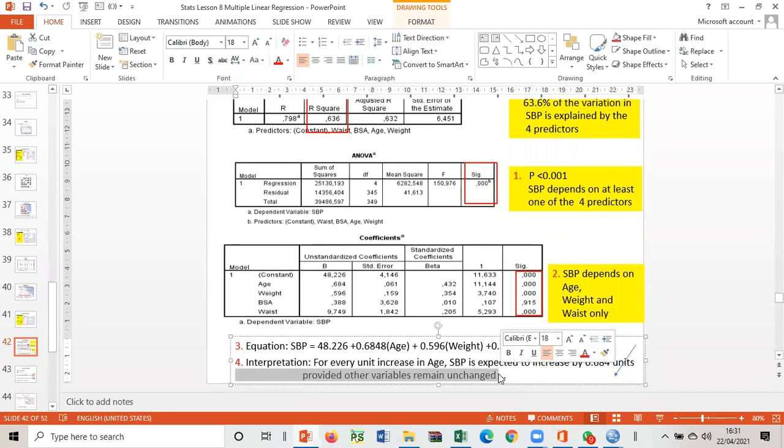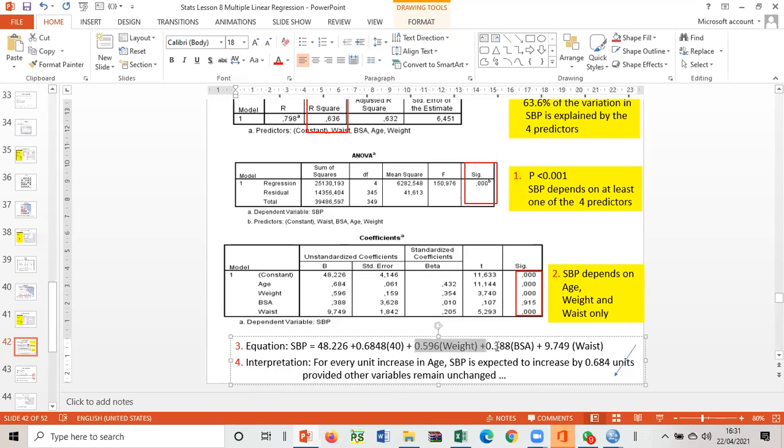Supposing a person is 40 years old now, next year will be 41.